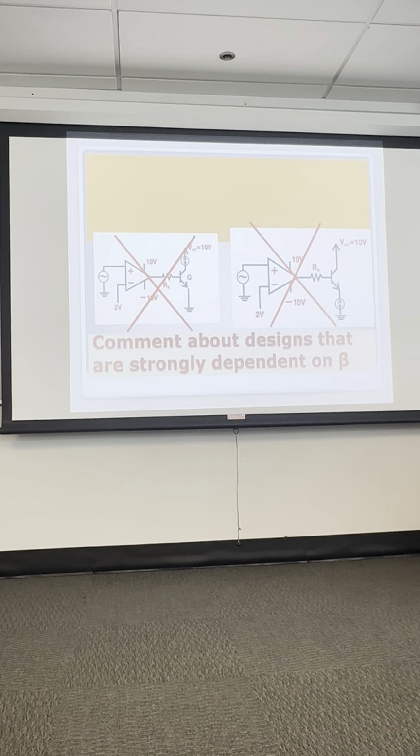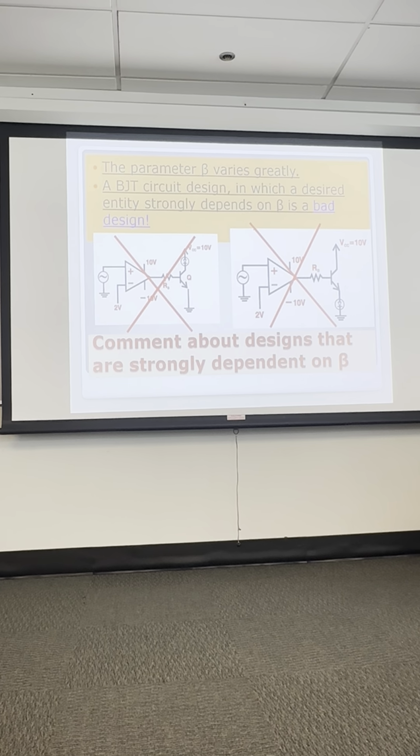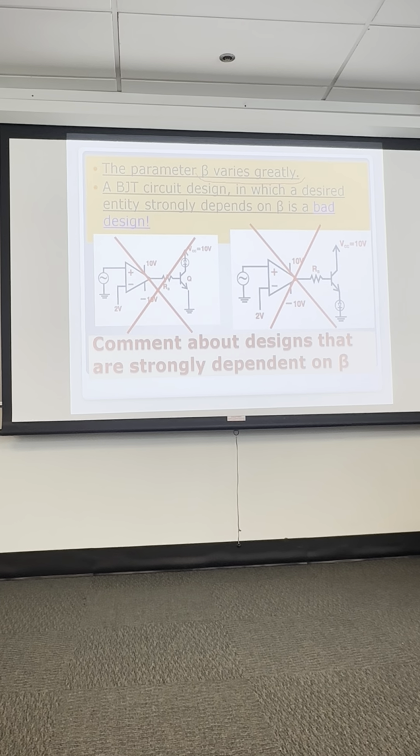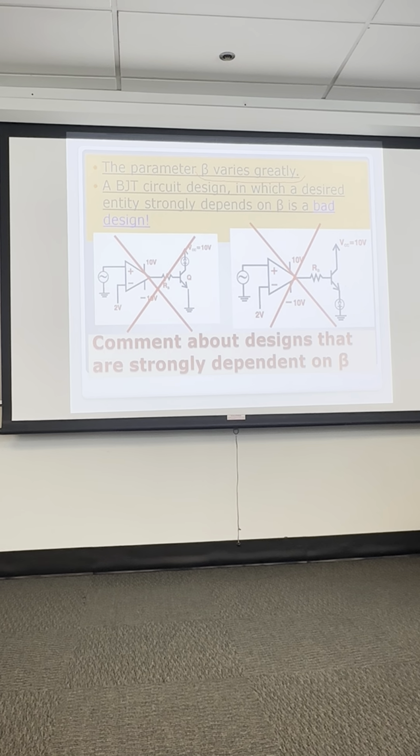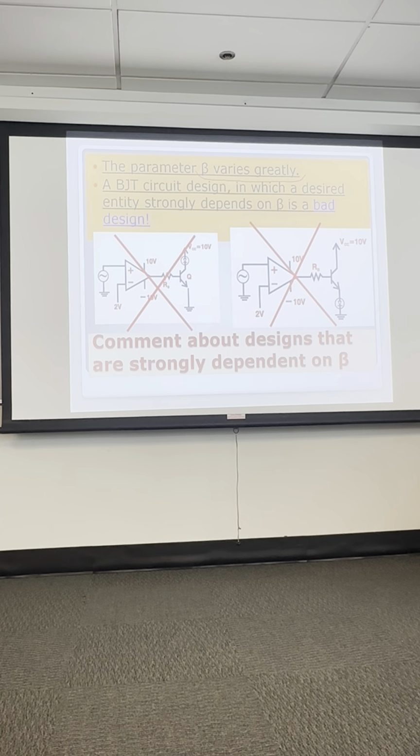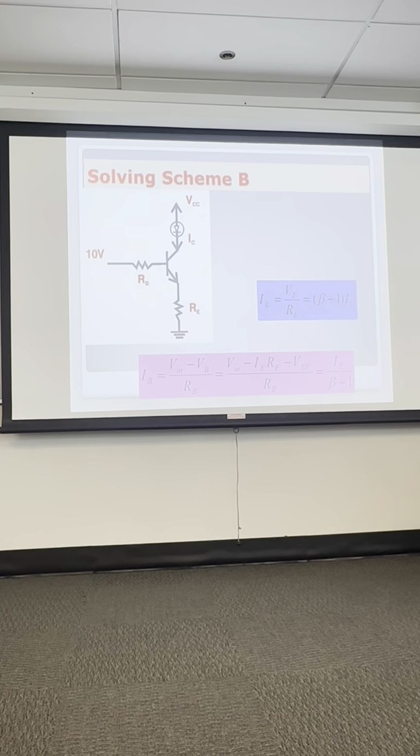So there's one remaining circuit, and the key to the remaining circuit is to check whether we get the same type of beta variation when we build the circuit. And if we do, then that means we have 3 circuits that do not work, and now we have to go off and find a 4th version.